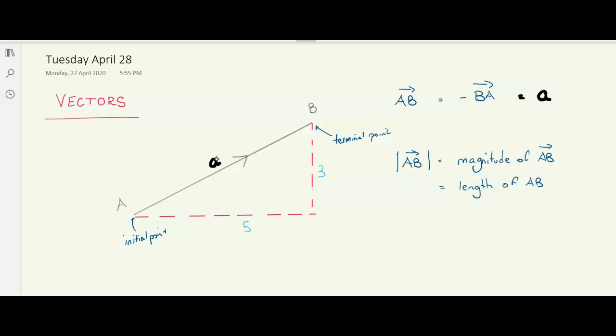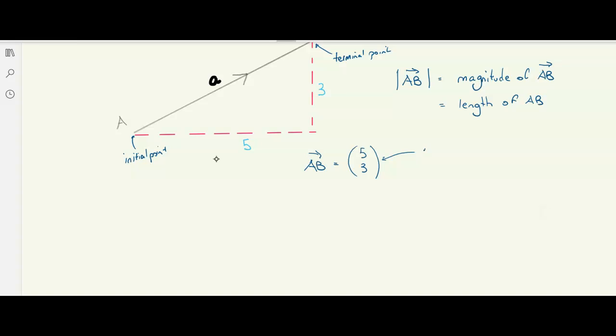So we would say that the vector AB is equal to (5, 3), and that's how we would describe its movement. This is referred to as a column vector, because it's written in column form, or component form. So there's a little bit of language to get the hang of here.